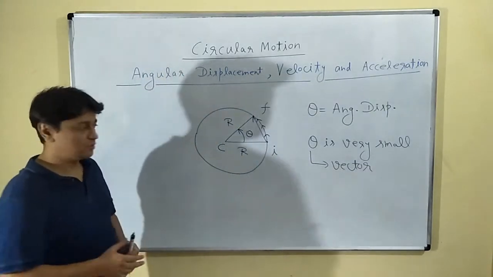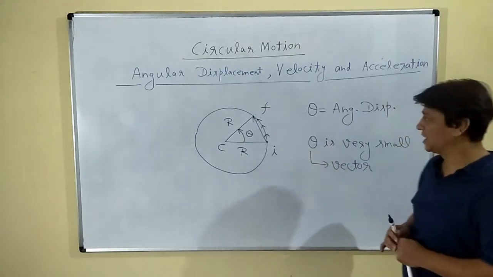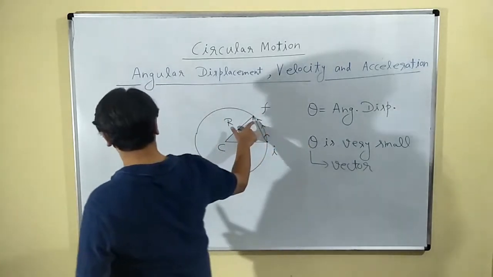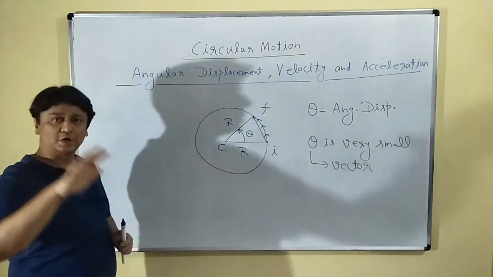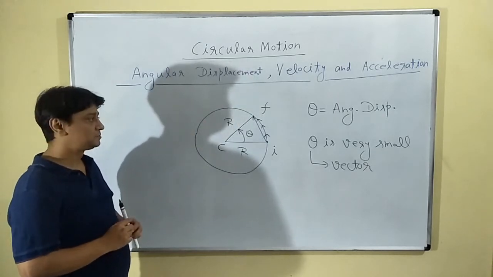I said behaves as a vector. ये terms and all with time आपको समझ में आएंगे, परेशान होने की जरूरत नहीं, बहुत खतरनाक नहीं है. सर्कुलर मोशन को इजी बनाने के लिए हम लोग इस थीटा की तरफ चल कर आए हैं.